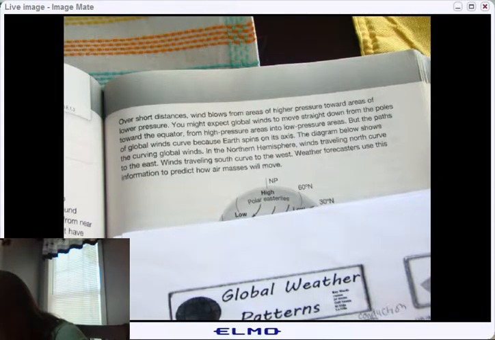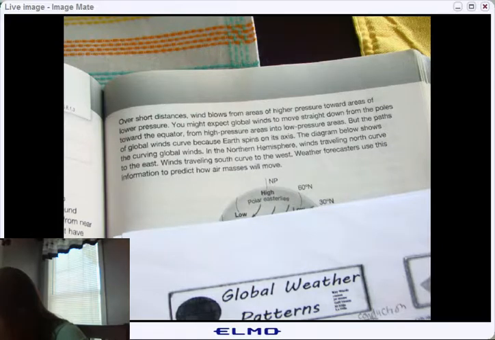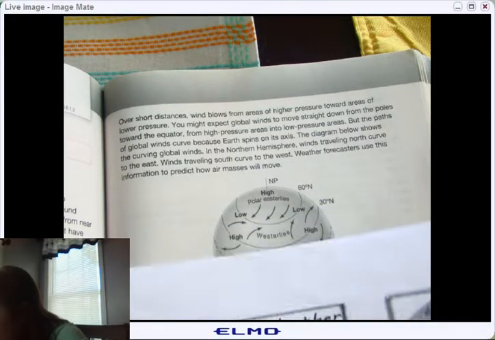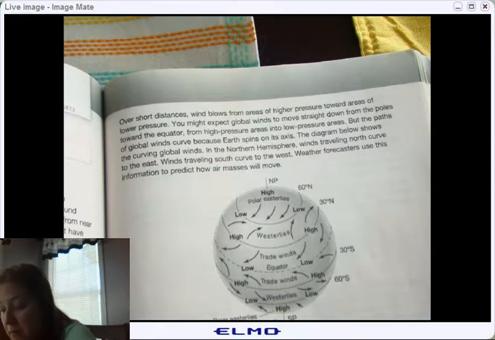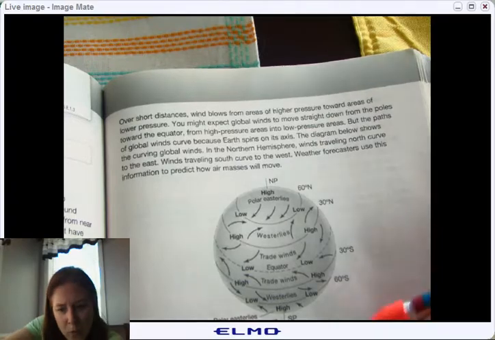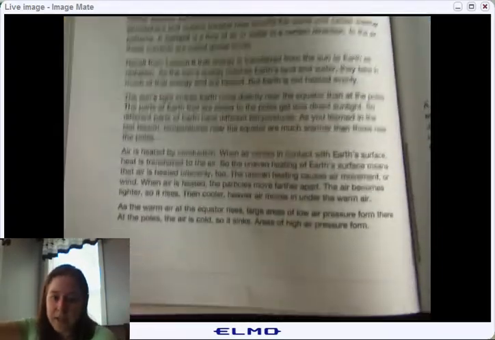Now, when we look at this, it says large areas of low pressure form as warm air rises near the equator, but areas of high pressure form as blank air sinks near the poles. What kind of air is sinking near the poles? Look here.